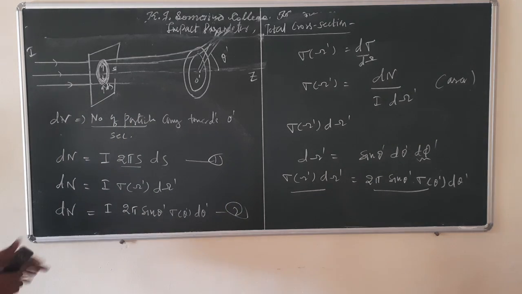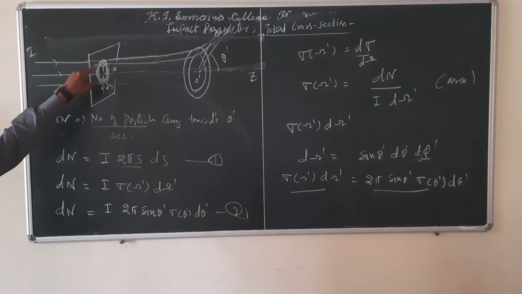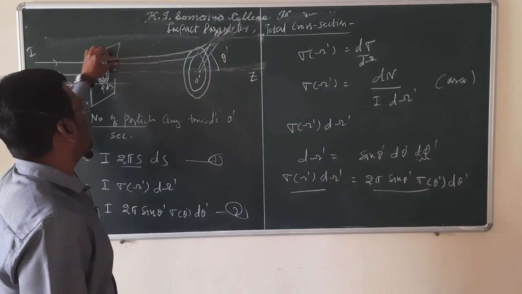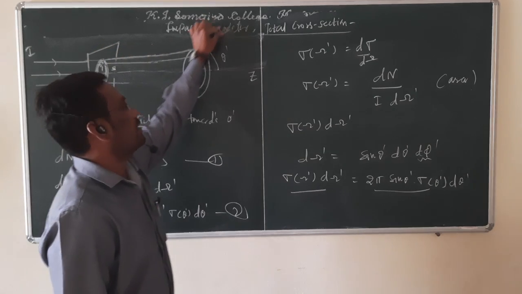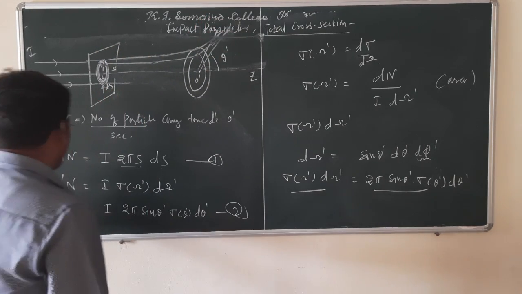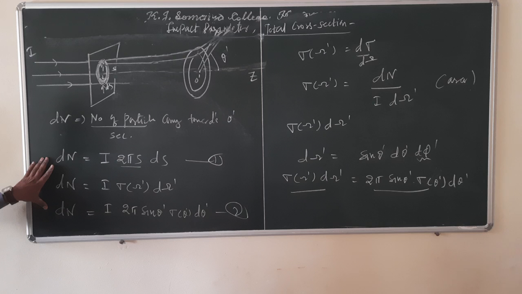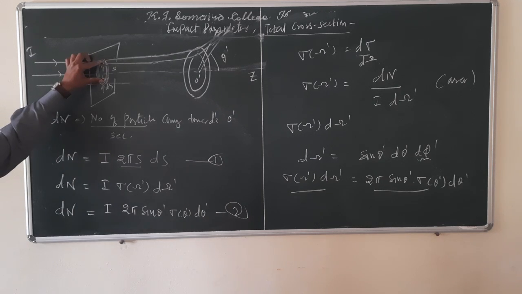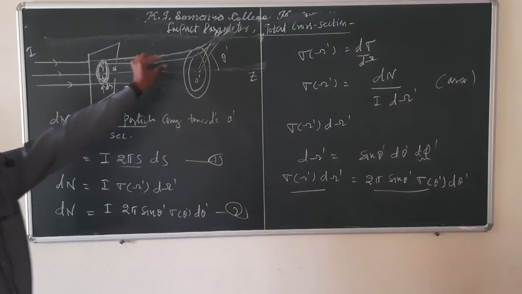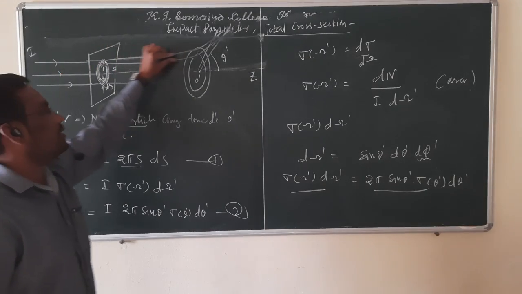This is the number of particles coming from this annular disk, and this is the number of particles scattered through this annular disk. Both are the same.